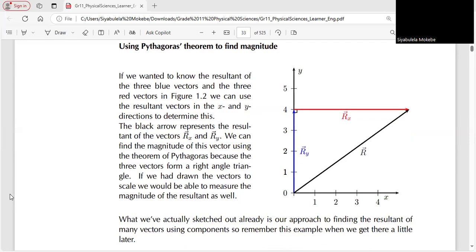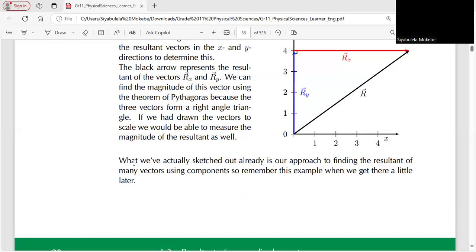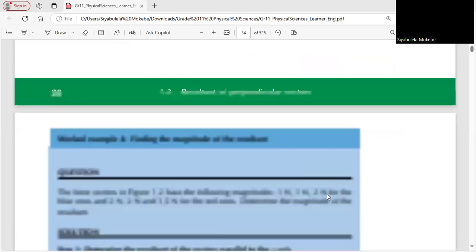We can find the magnitude of this vector using the theorem of Pythagoras because 3 vectors form a right-angled triangle. If we had drawn the vectors to scale, we would also be able to measure the magnitude of the resultant as well. What we've actually sketched out already is our approach to find the resultant of many vectors using components. So remember this example when we get there a little later.